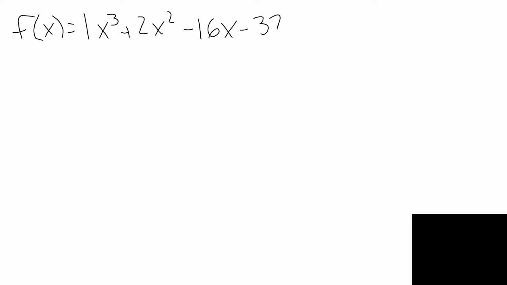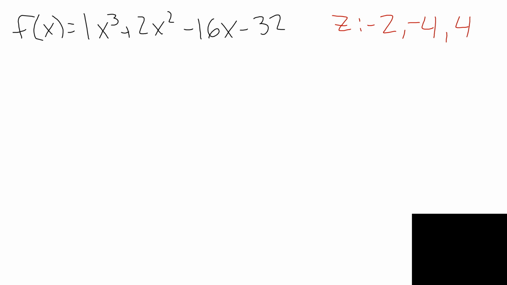Okay, so next slide, and we had f of x equals 1x cubed plus 2x squared minus 16x minus 32. And we had said that our zeros, which I'm just going to call z, were negative 2, negative 4, and 4.